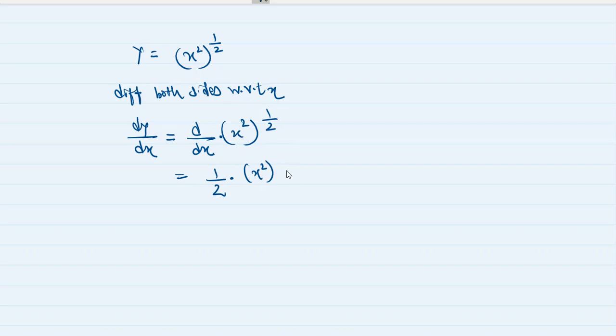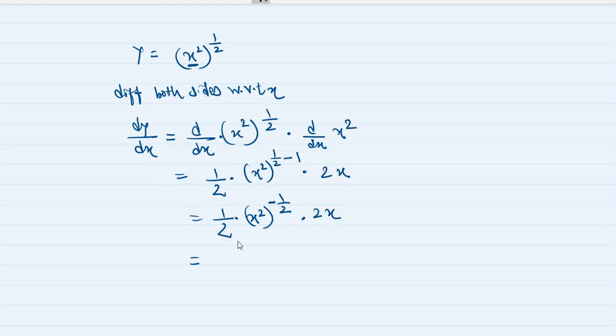That is the inside stuff. I'm leaving it as it is, raised to 1 by 2 minus 1. So 1 by 2 multiplied by x square, the whole raised to minus 1 by 2. One more thing. This whole thing will be multiplied by d by dx of that inside stuff. The inside function is x square, and d by dx of x square is 2x. This will be multiplied with 2x.